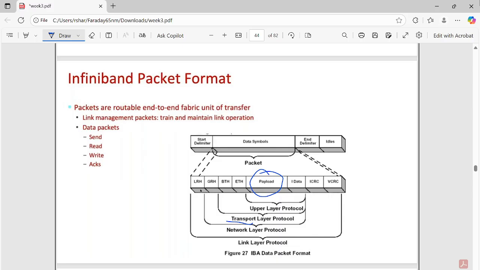All this comes inside the packet format and goes through the network layer and the transport layer, down to the physical link. So next is the transport layer.